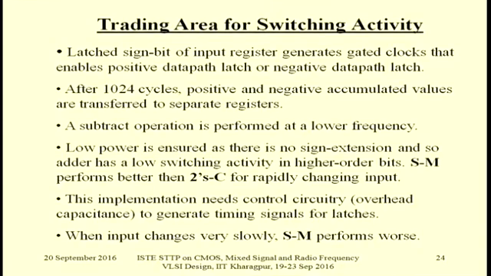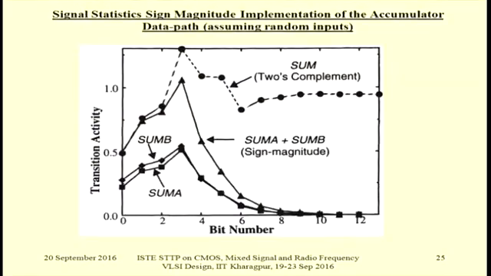We get this benefit only for power, but as far as the hardware area is concerned, sign magnitude is much worse compared to the 2's complement operation. This implementation needs control circuitry overhead capacitors to generate timing signals for latches. This is another source of power, but compared to the overall operation, it is small.